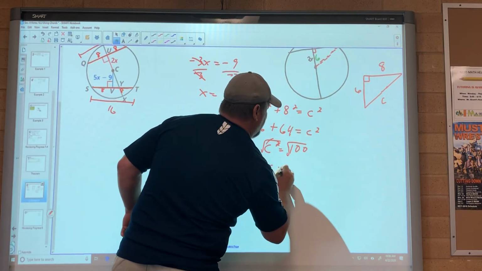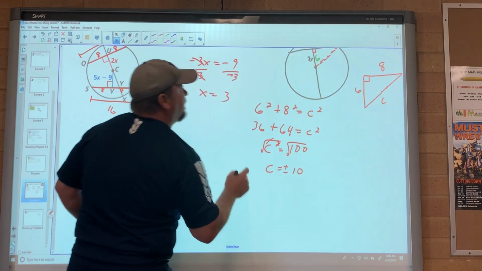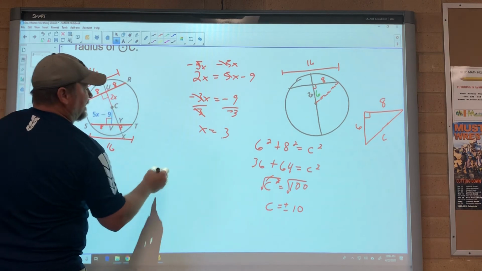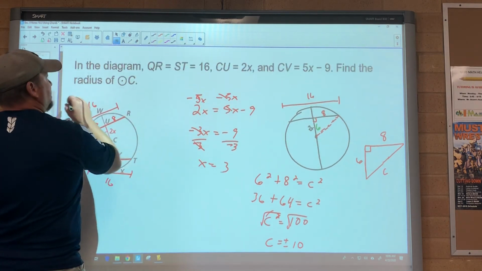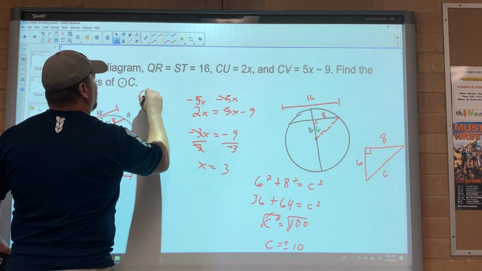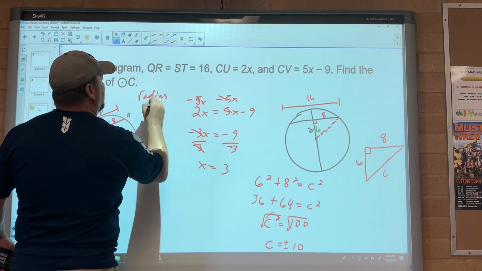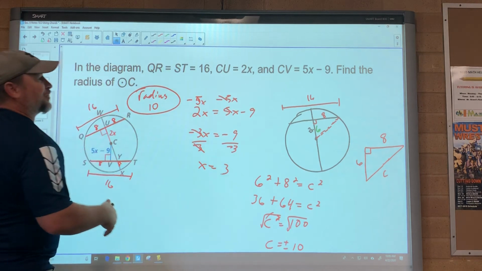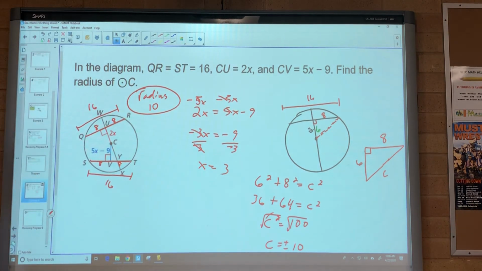Remember, we get C equals plus or minus 10, but we do not use a negative distance. And our radius on this problem is 10. Now, if they had units or whatever, we would have put in the units, but that's how you do it.